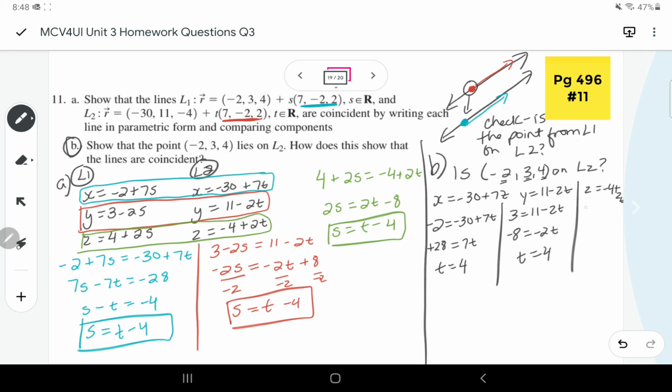And the last one, 4 equals negative 4 plus 2t, so 8 equals 2t, and t equals 4. So we get the same parameter for x, y, and z.